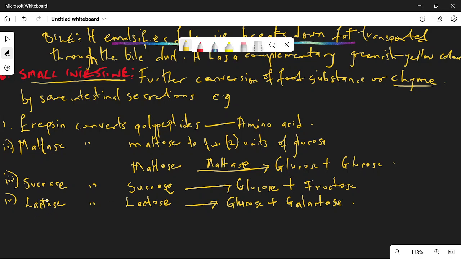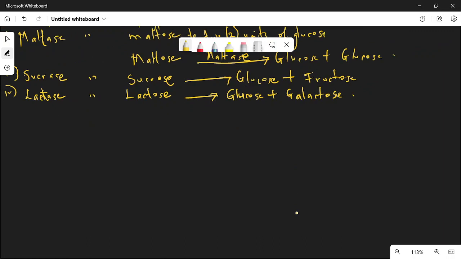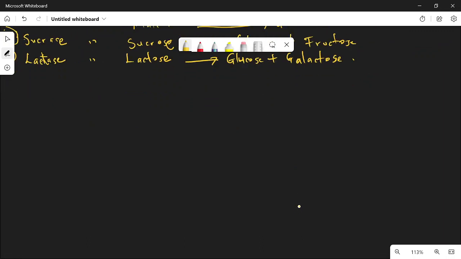Lactase is responsible for converting lactose to glucose plus galactose. So these are the things that happen in the small intestine. After this, we say that digestion has ended.